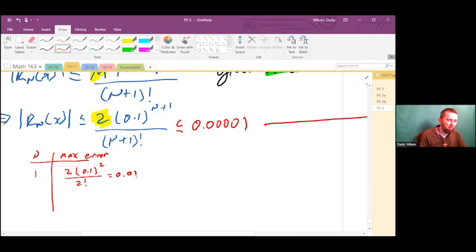Is that less than 0.00001? Nope, it's not true. So we need to get bigger than n equals 1.